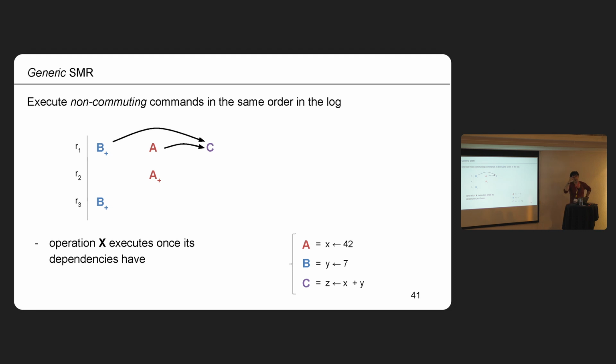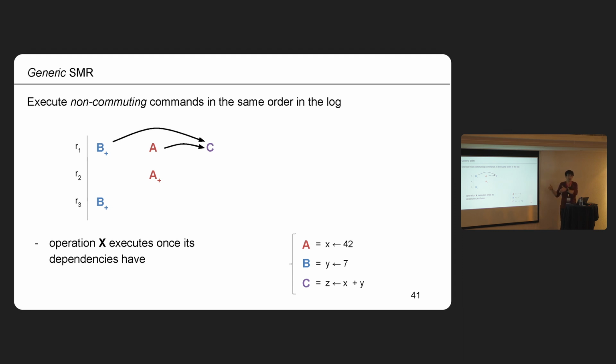So a key observation is that when you have operations, commands that are commuting, you don't need to execute them in this exact same order. So for instance, on the bottom right, we have 3 commands. Command A is setting 42 to item X, command B is setting 7 to item Y, and C is taking the sum of these two and storing it into item Z. Okay, so we can see that A and B are commuting, that is, you can execute them in any order.